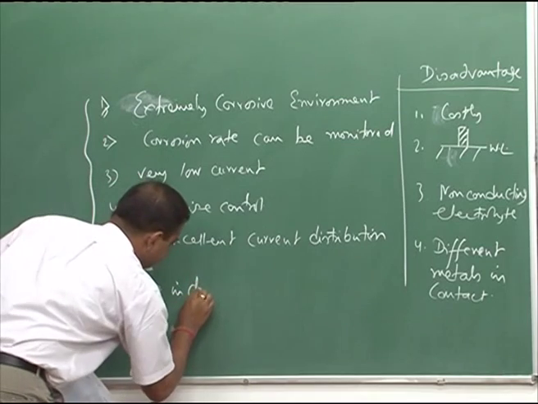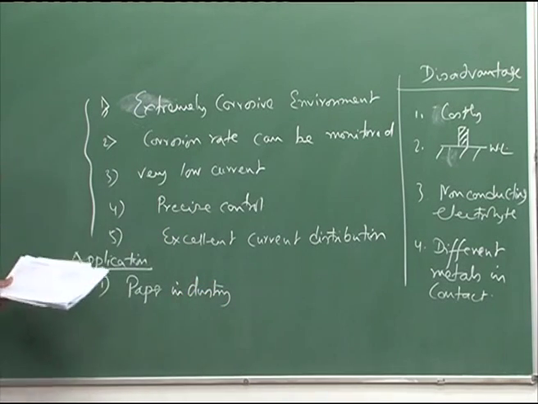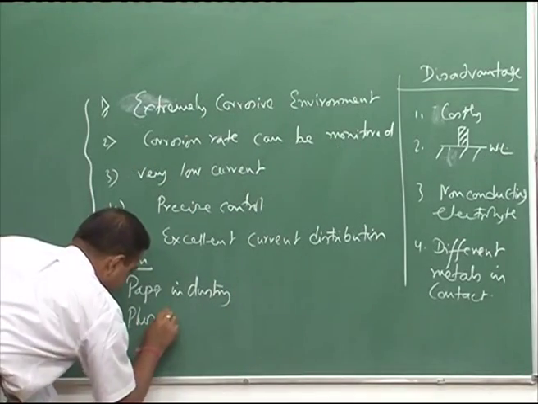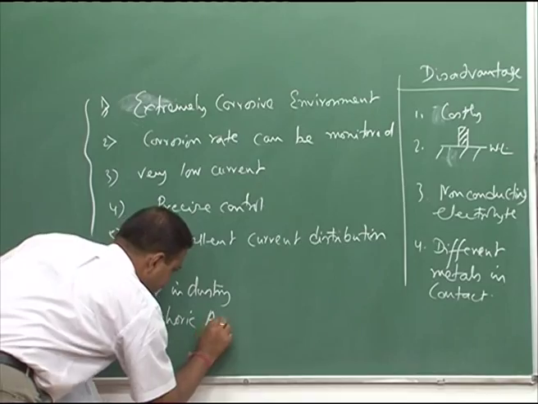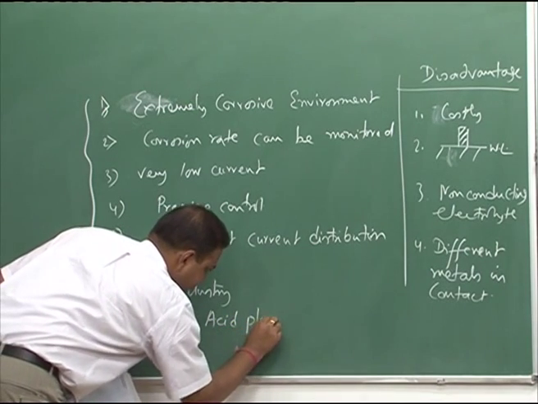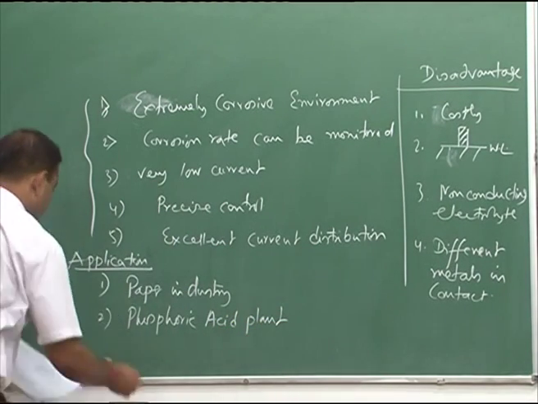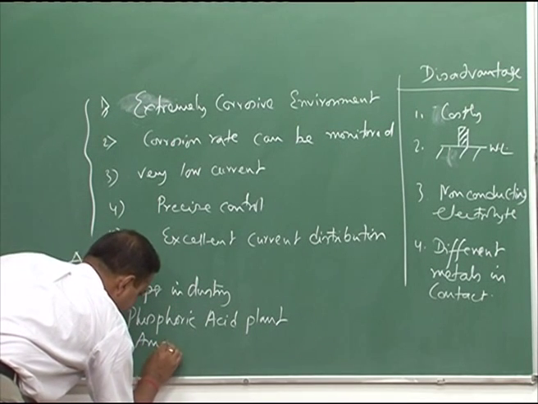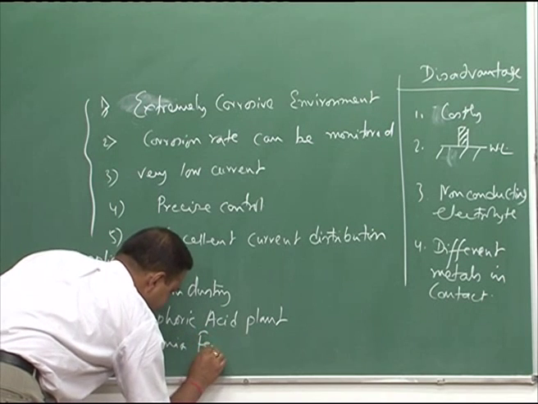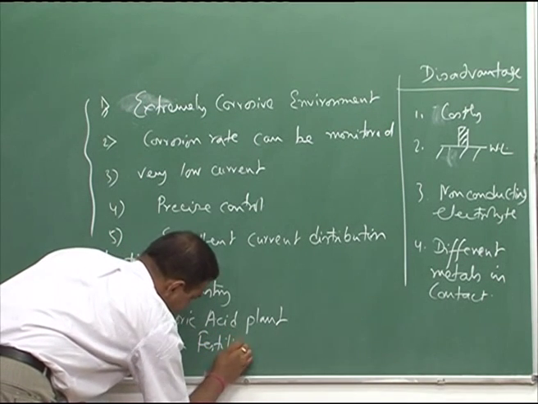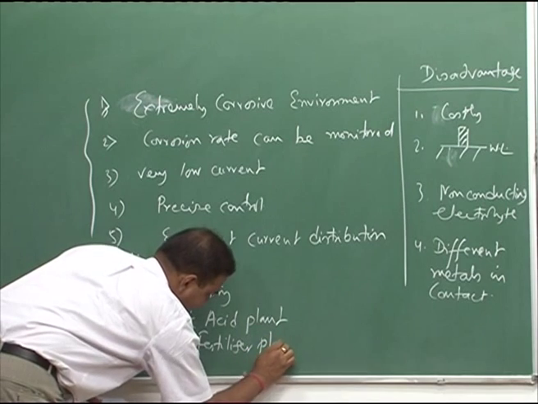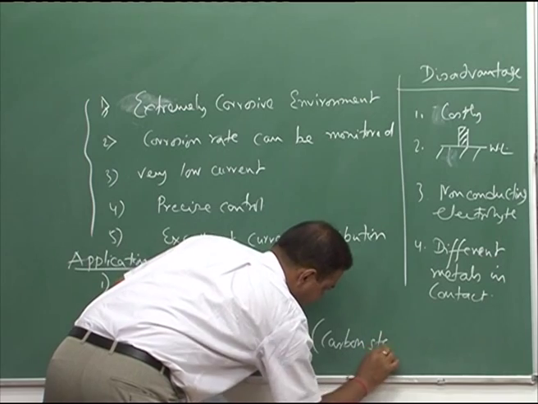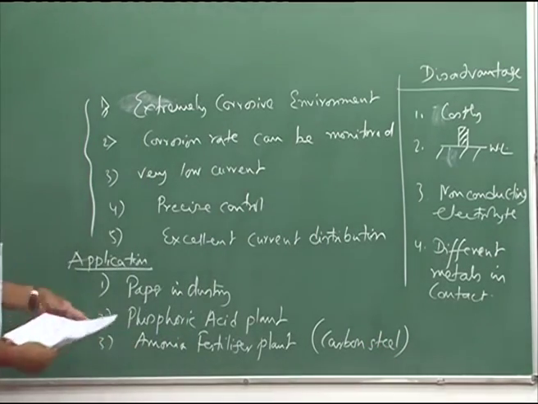Paper industry, then phosphoric acid plant, and in ammonia fertilizer plants for carbon steel. So, there we can use this method.